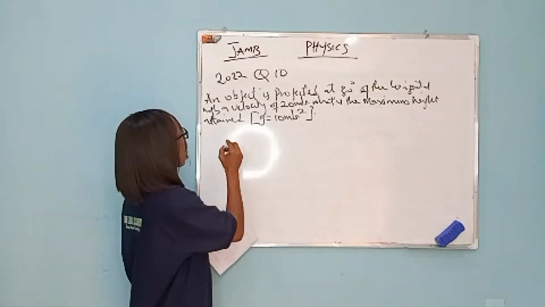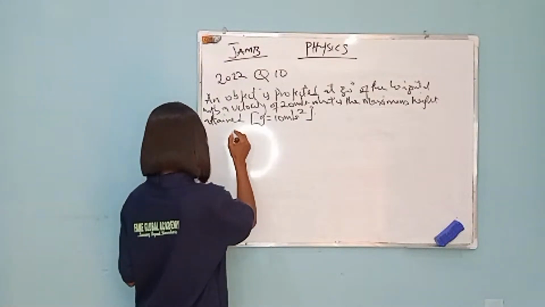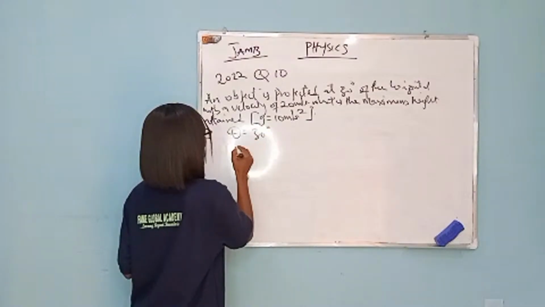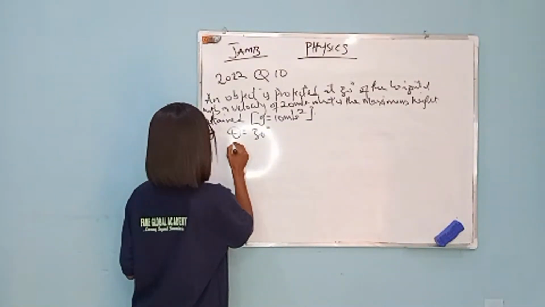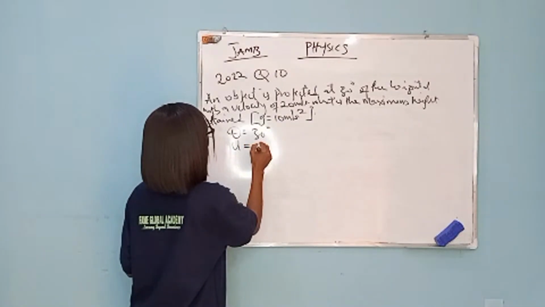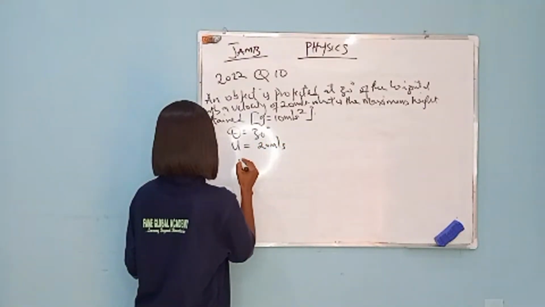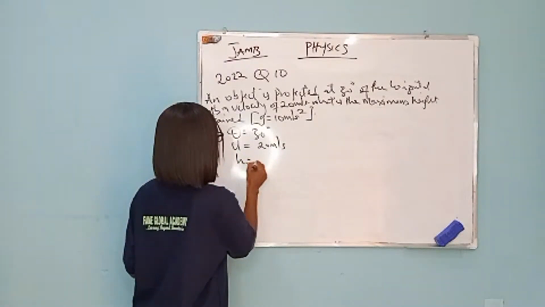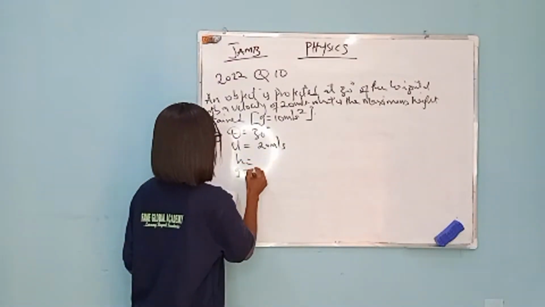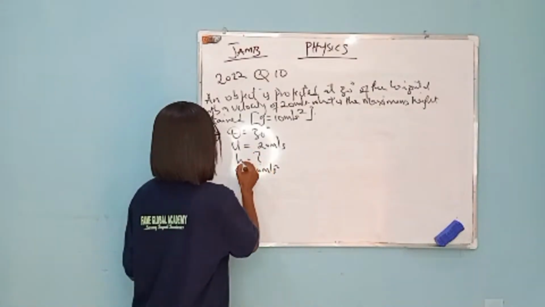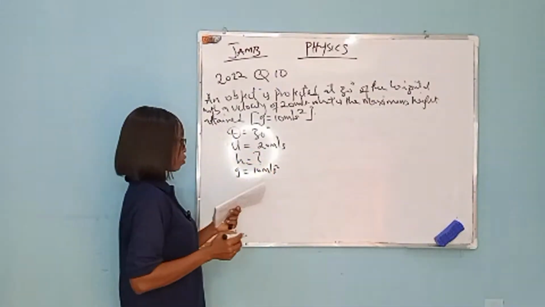First of all, theta is 30 degrees. U, which is velocity, is 20 meters per second. G is given as 10 meters per second squared. H is unknown, the maximum height.